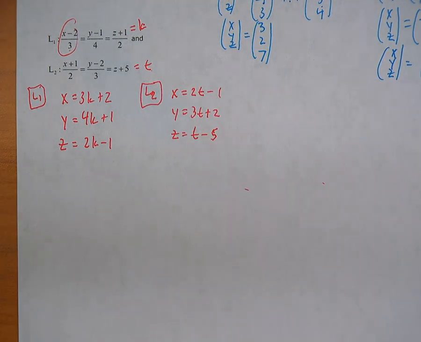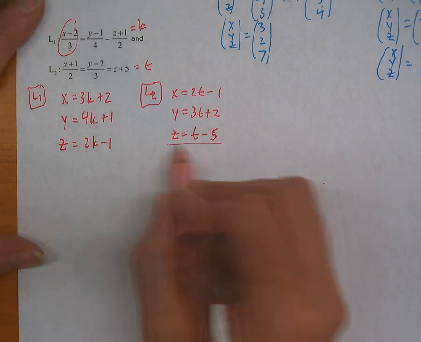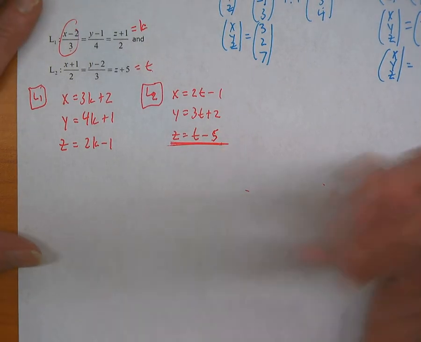Okay, so now I pick 2 of my components, either X and Y, Y and Z, or X and Z. It actually does not matter. Sometimes I'll think about which ones might be easiest to get to cancel. Like, T is standing out to me because it doesn't have a coefficient.